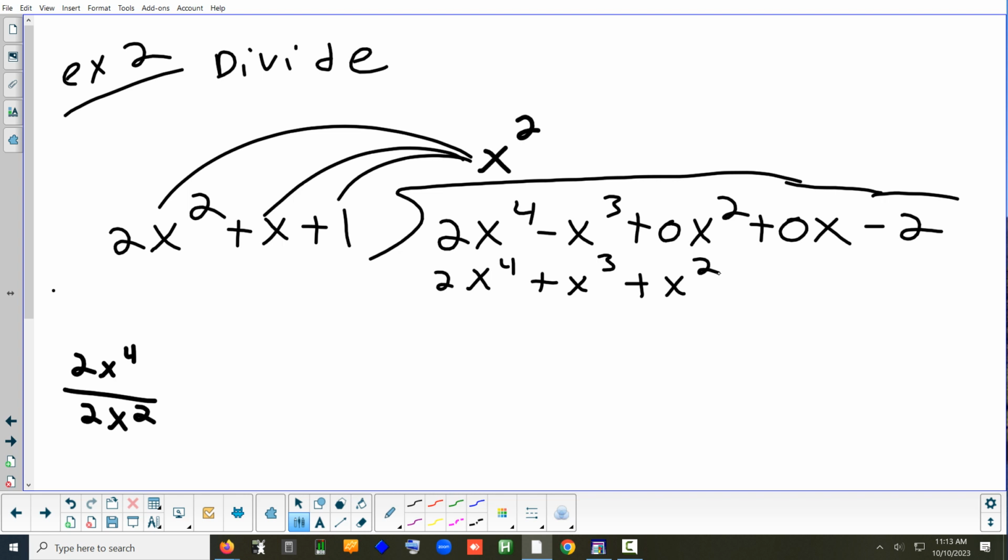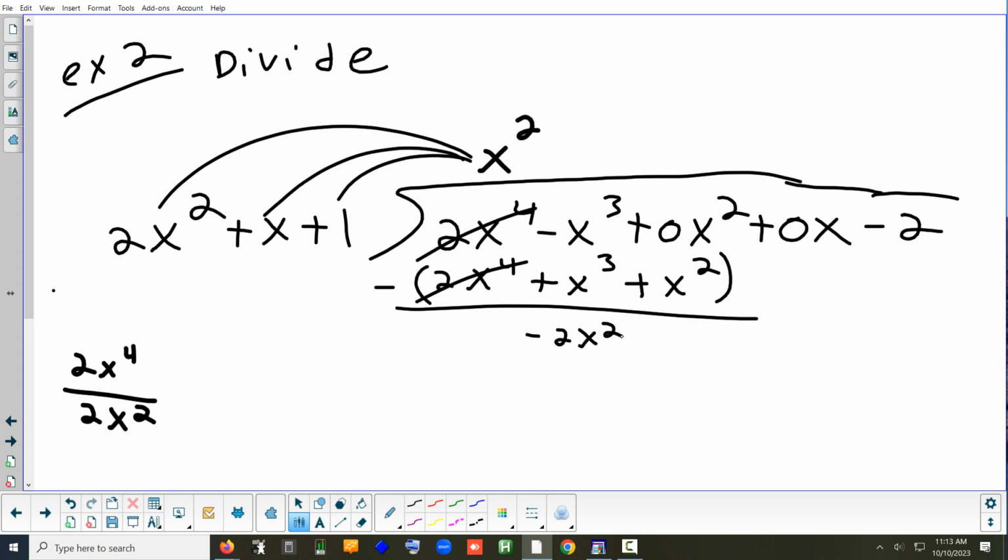Okay, and Richard, what do we do with those columns? She subtracts like last time. Yeah. So we're going to subtract all of them. Michael, what's 2x to the fourth minus 2x to the fourth? 0. That's gone. Mia, what's negative x cubed minus x cubed? Negative 2x to the third.